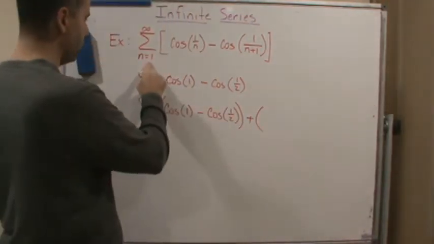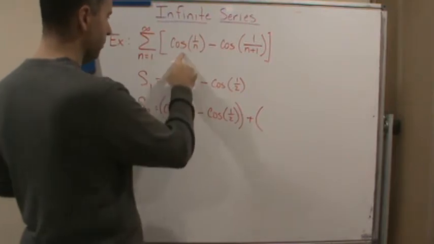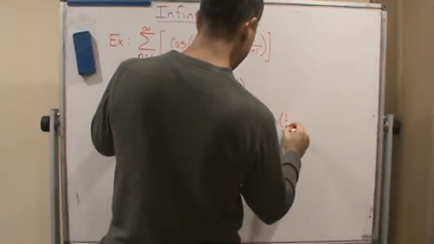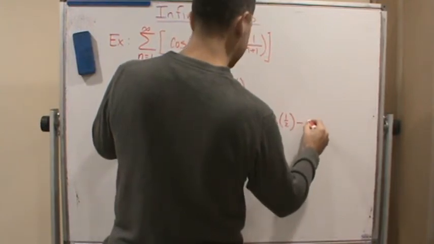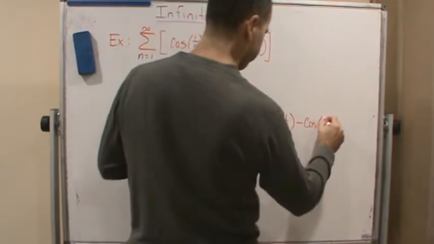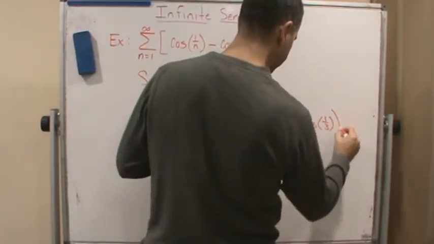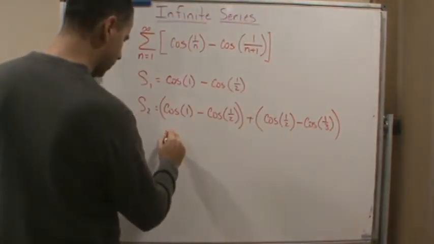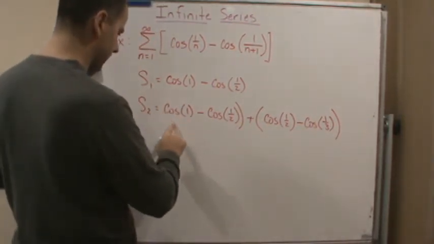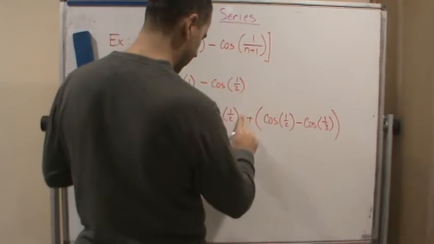When n is 2, it's going to be cosine of 1/2 minus cosine of 1/3, which then equals, well, we could drop the parentheses here because it's just plus.